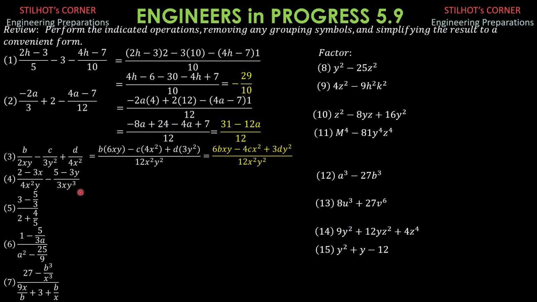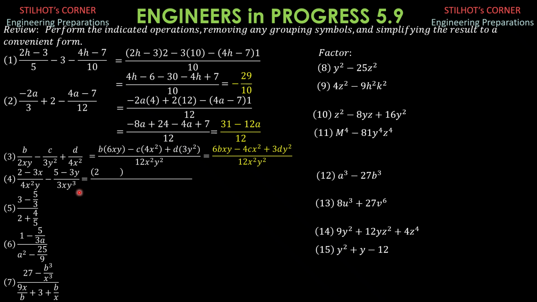For the next problem, the LCD for the constant is 12. For x, it's x squared. For y, it's y cubed. Then 12x squared y cubed divided by 4x squared y is 3y squared. So this is quantity 2 minus 3x times 3y squared, then minus quantity 5 minus 3y times 12x squared y cubed divided by 3xy cubed, which is 4x.